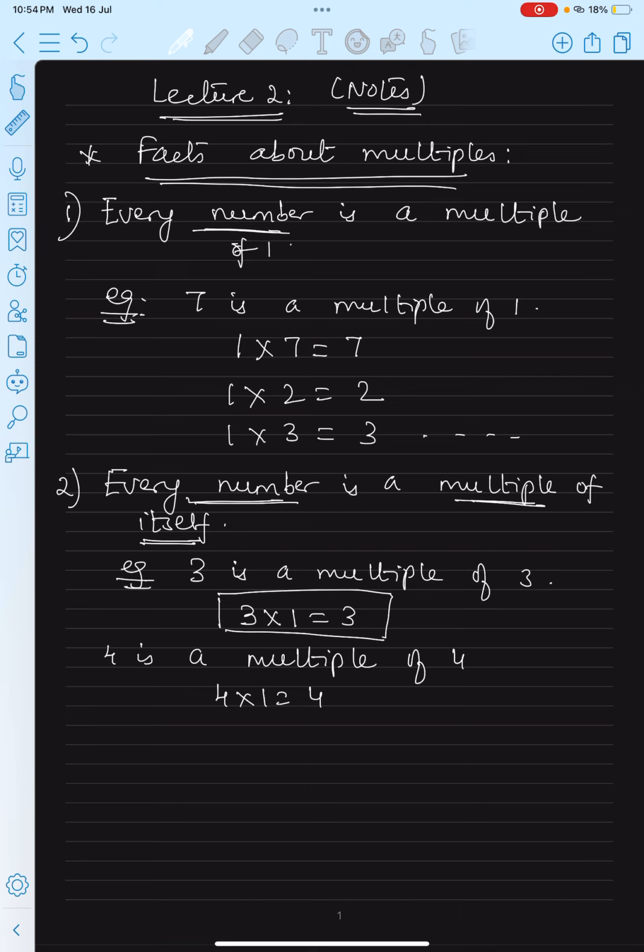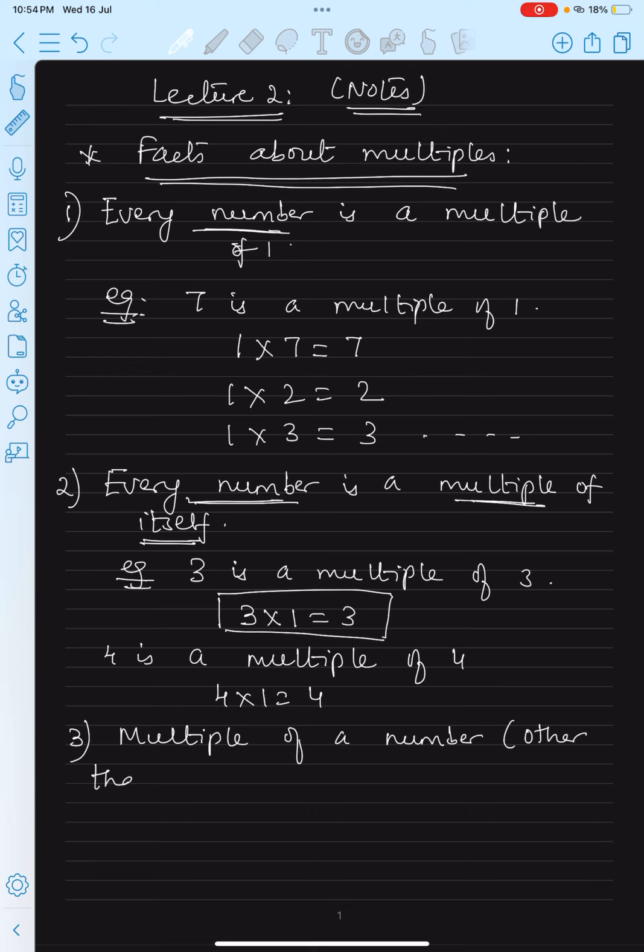Okay. The third point is multiple of a number, but it should be not 0.